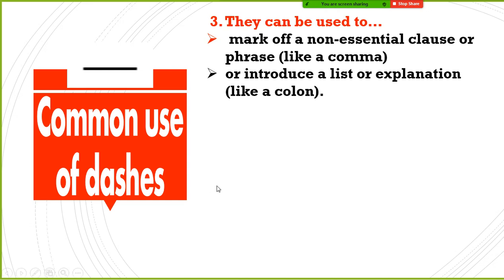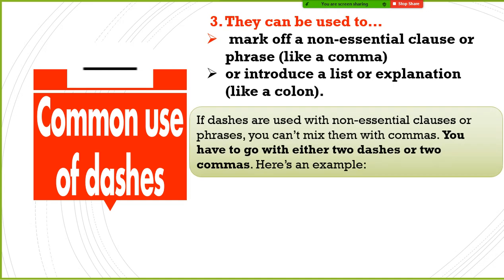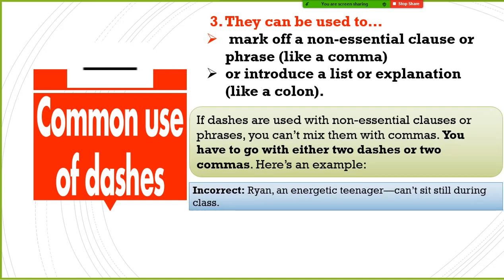Dashes can also introduce a list or explanation, exactly like the colon. If you want to introduce a list of things or an explanation for the sentence, you can use the dash instead of the colon. Look at this example: Ryan, an energetic teenager, dash cannot sit still during class.